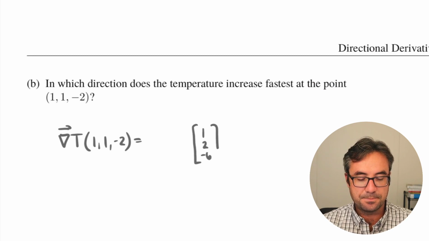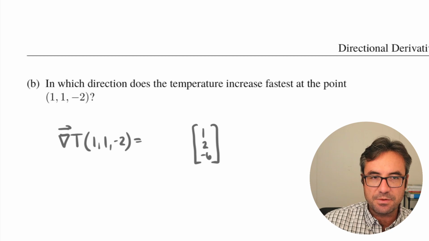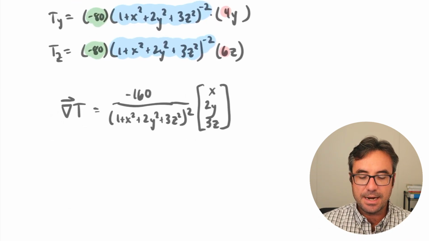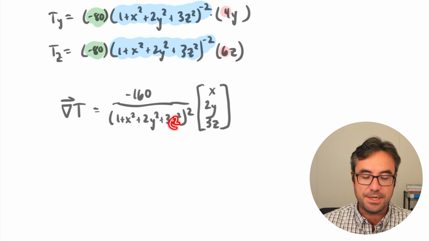All right. Now what about that whole big term in front? Again, I'm going to evaluate it. So I'm going to plug 1 in for x, 1 in for y, and negative 2 in for z.